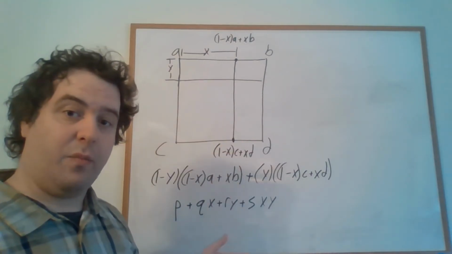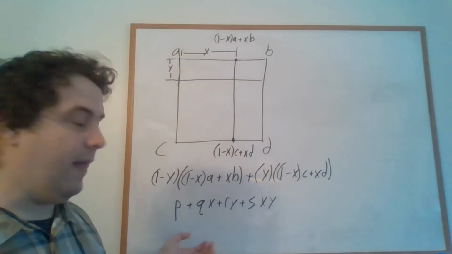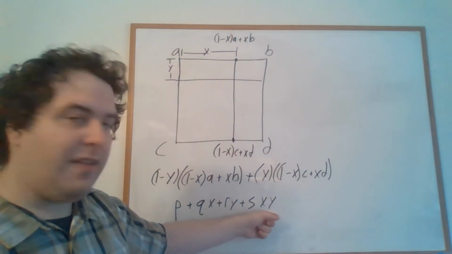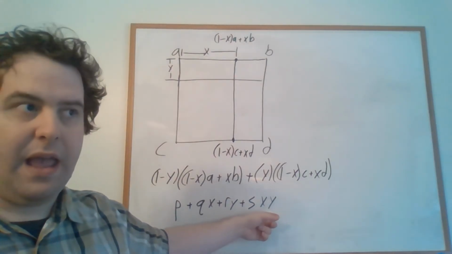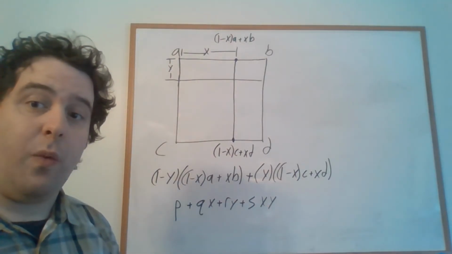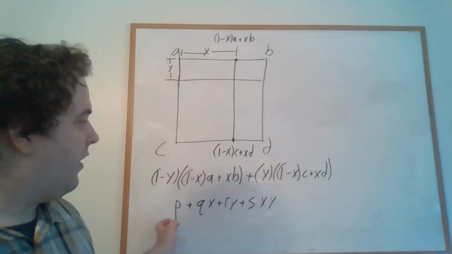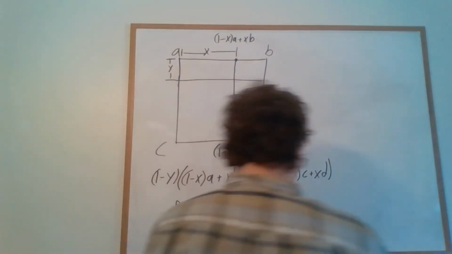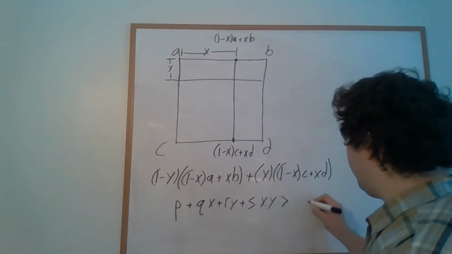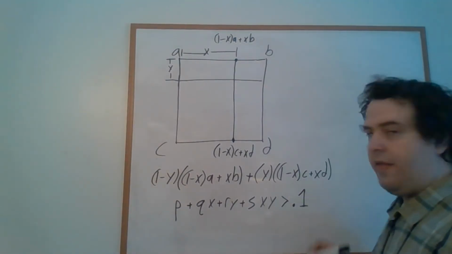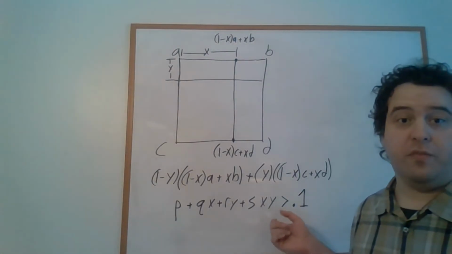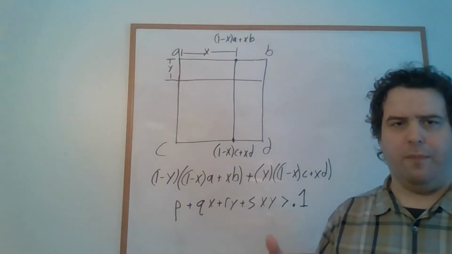And the thing that really surprised me when I worked out this formula is that there's this xy term here. And remember that the inequality that we're solving is when this value is larger than some threshold. For instance, 0.1, if we're measuring our alpha from 0 to 1.